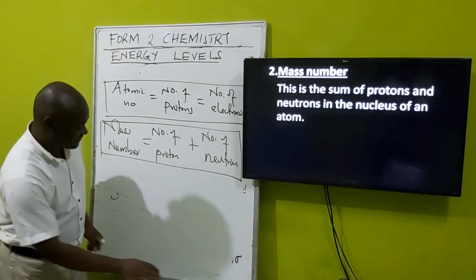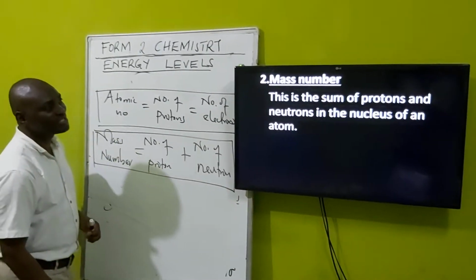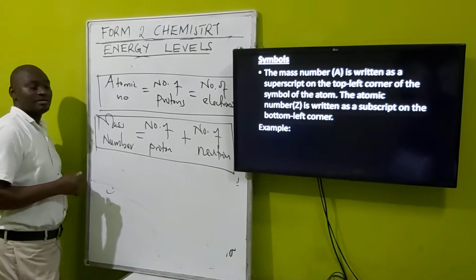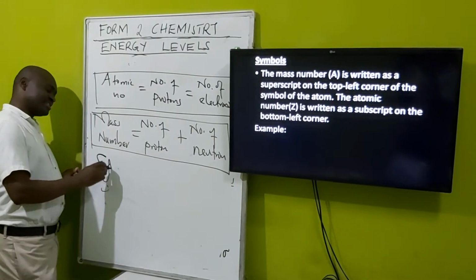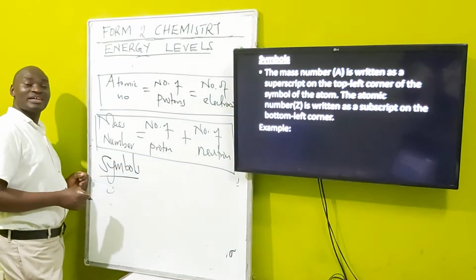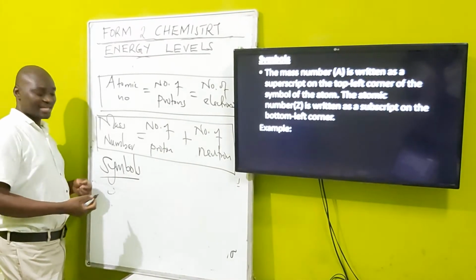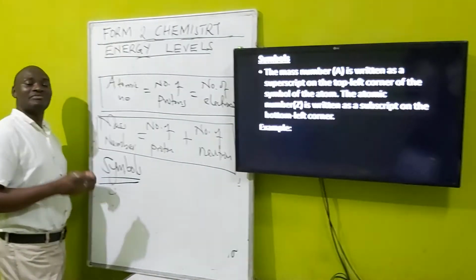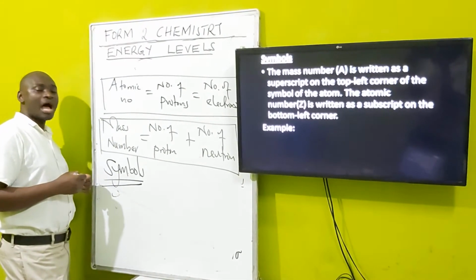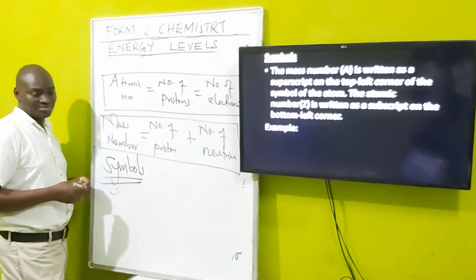Then, if we are talking about mass number and atomic number, how can we present the elements so that we show that they have a given mass number and a given atomic number? How do we represent these atoms?